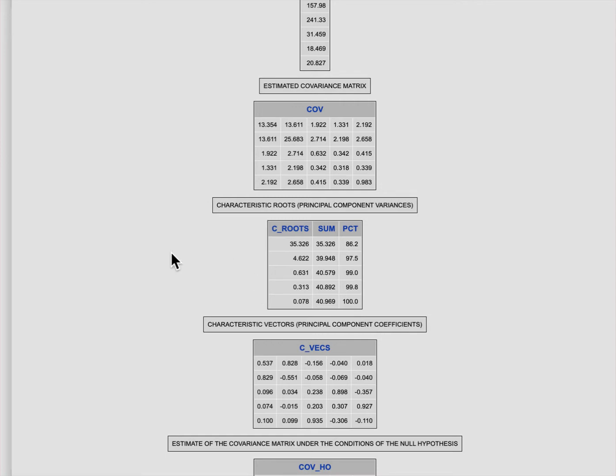Let me also point out that these values are being displayed rounded to 3 decimal places, but internally PROC IML is keeping the full precision of these values, which is double precision. So it's retaining that precision even though it's only displaying these values rounded to 3 decimal places.